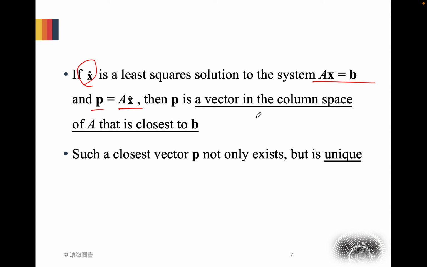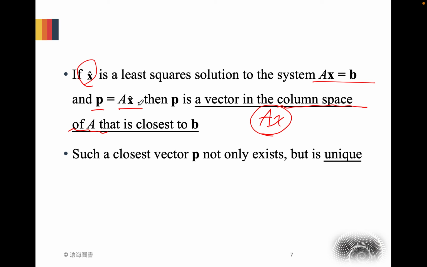You still remember that if we multiply A with some vector x, the result Ax should be in the column space of A, right? You already know that.